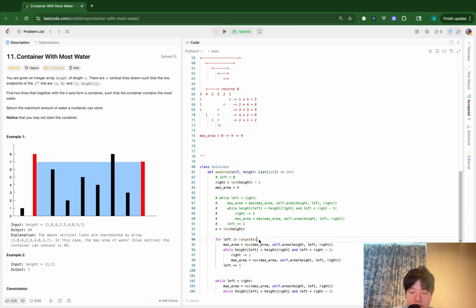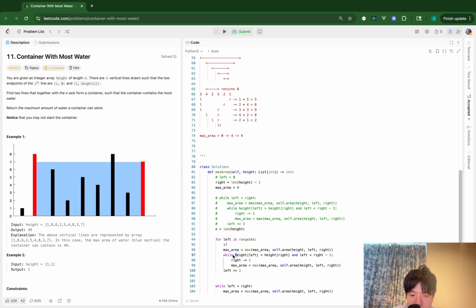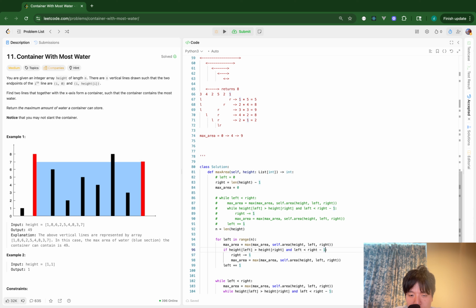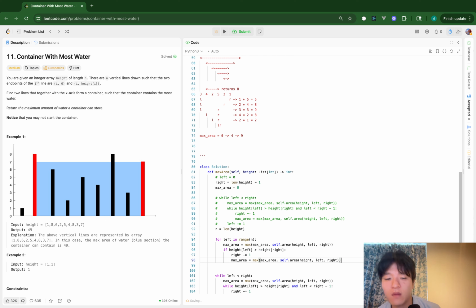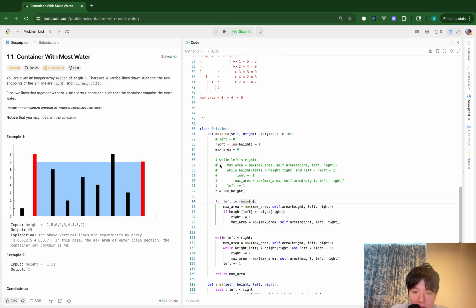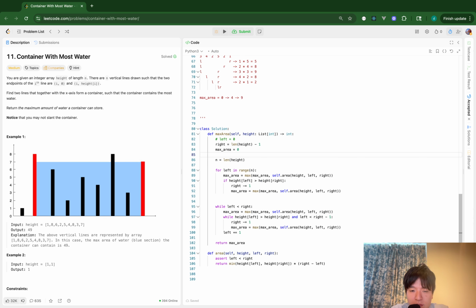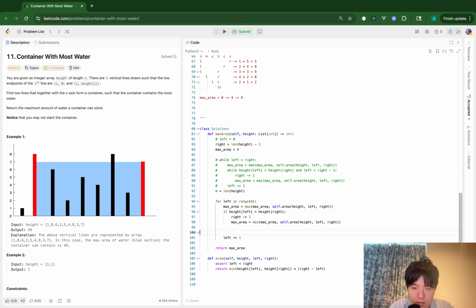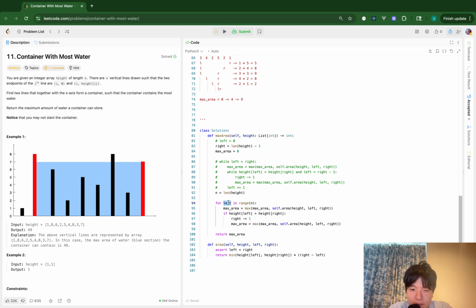So in this way, for every left pointer, I calculate, and then left is higher than right.